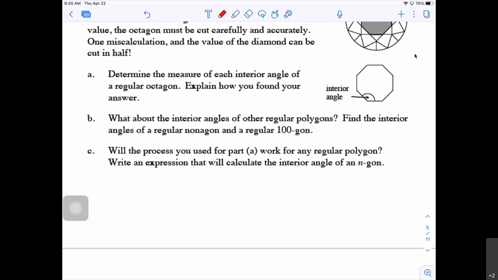Each interior angle. Also, do me a favor, take the practice to learn and put it away, because I want you to focus on the lesson.